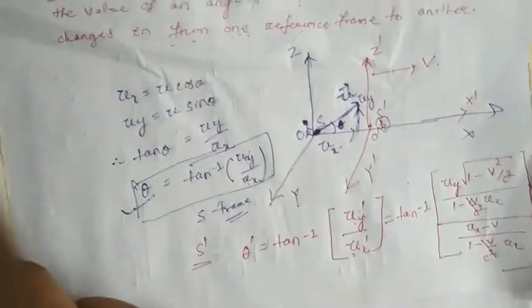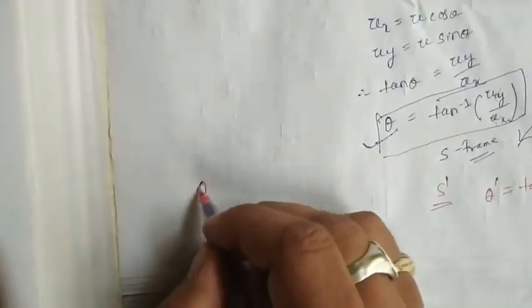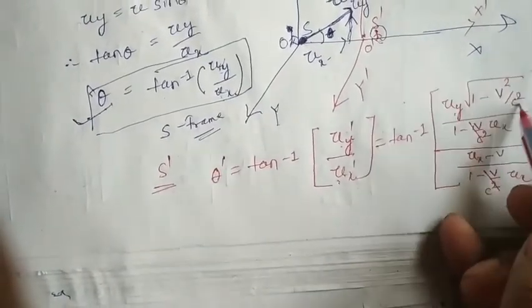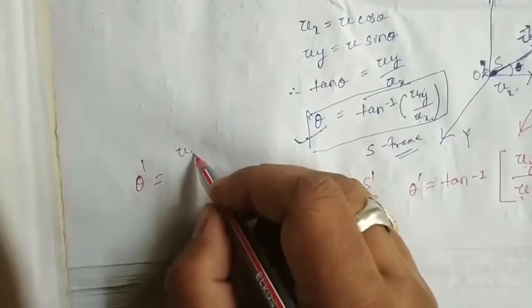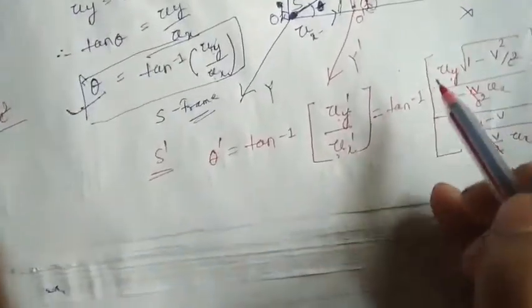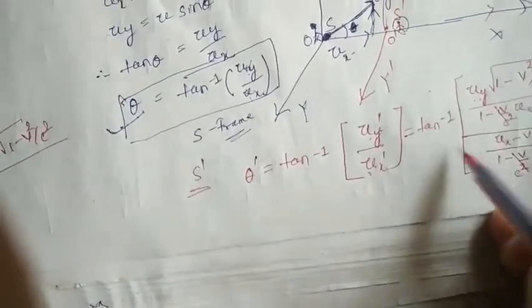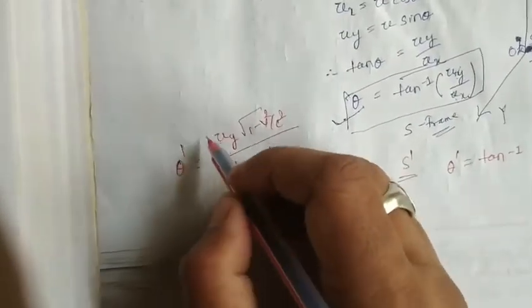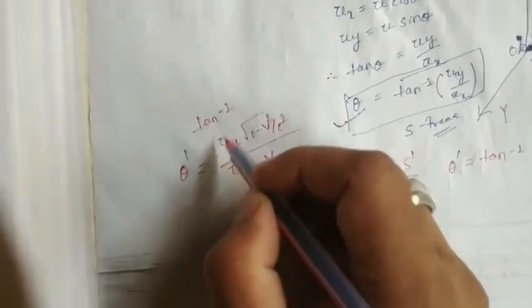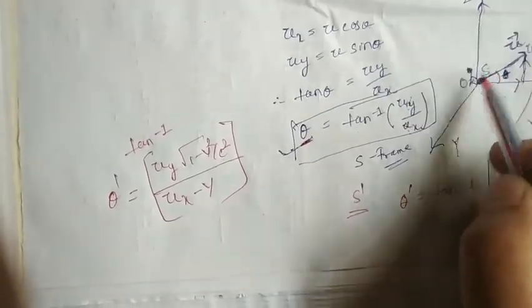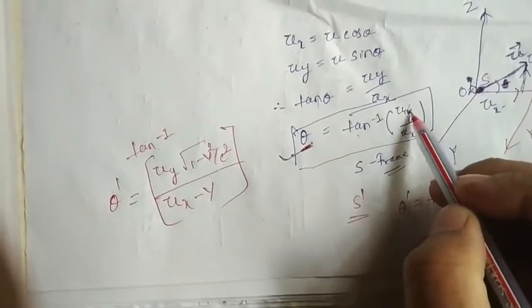Okay, now we found theta dash is equal to how much? It is tan inverse of uy times root of 1 minus v square by c square, divided by ux minus v. So here we found theta, which is measured by the observer sitting in the S frame, is tan inverse of only uy by ux.